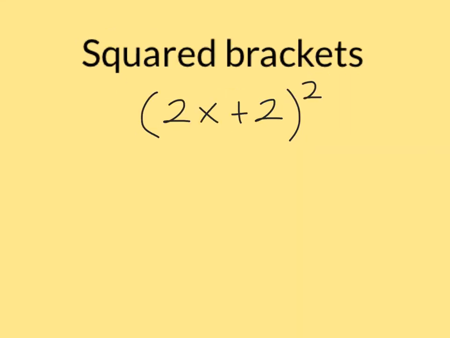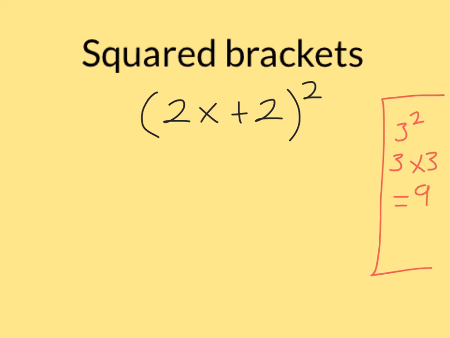The last thing we're going to look at is what's called squared brackets. So what I want you to think about here is, remember that when we look at a number that's squared, so if we have 3 squared, well, what is 3 squared? It's not 6, okay? It's not 3 by 2, it's 3 multiplied by 3, which we know gives me 9, okay?